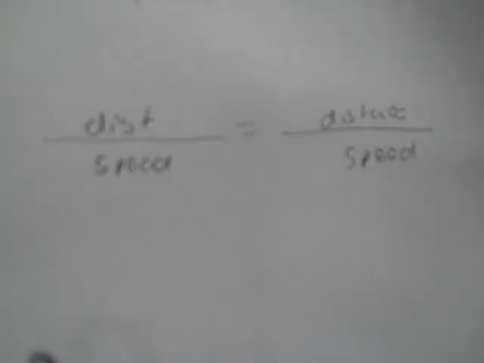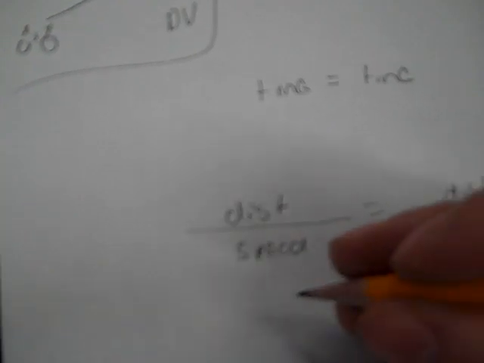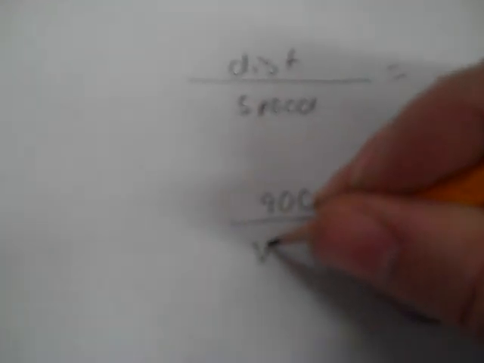And we actually know both the distances. One car traveled 900 miles, the other car traveled 800. So I'm going to replace both distance values with 900 and 800. Now, the speeds we don't know, but we have written expressions for them, V plus 30 and V. The one who went the further distance has to be faster, so that's where we put V plus 30, with our car that traveled a greater distance, and then this one's just V. So there are only two ratios, one on each side.